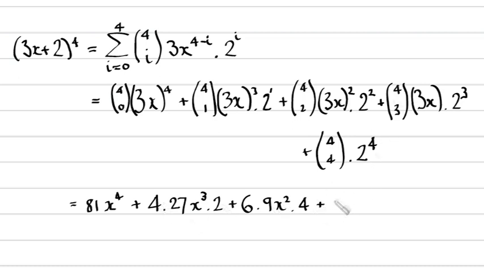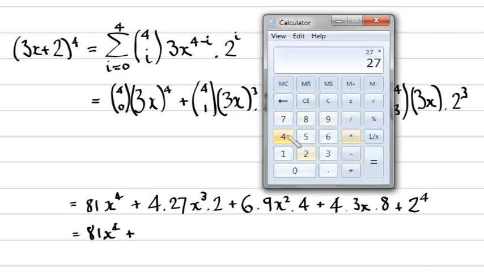Times 3x squared is 9x squared by 2 squared, 4. Next term, 4 choose 3 is the same as 4 choose 1, so it's 4 by 3x by 2 cubed, which is 8, and 1 by 2 to the 4th is the last term. Just tidy that up now.